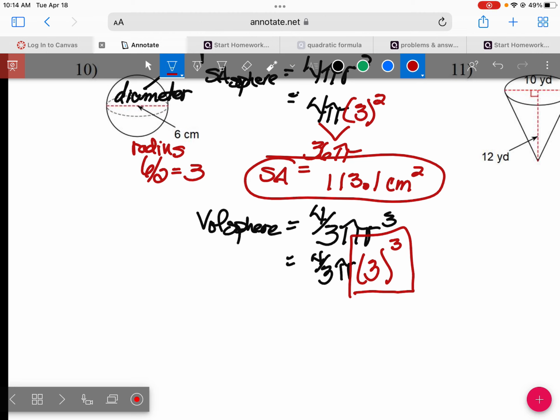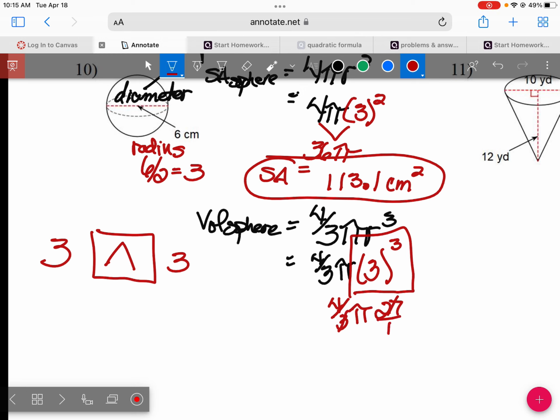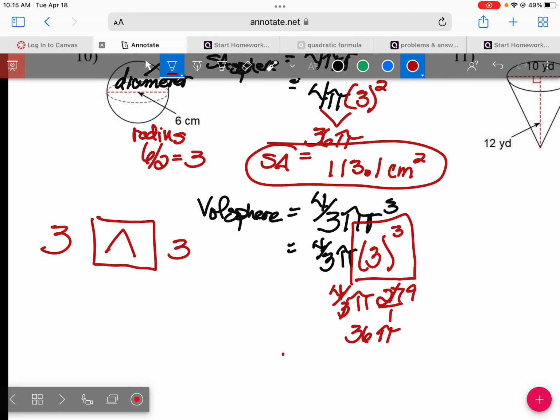I do not want questions about that tomorrow. Just in case, it's 3, that caret symbol, 3. So that's going to be 27 times 4/3 pi. You could simplify the 3 and the 27 and get 36 pi, which is what we got at the top. So the volume is 113.1 centimeters cubed.